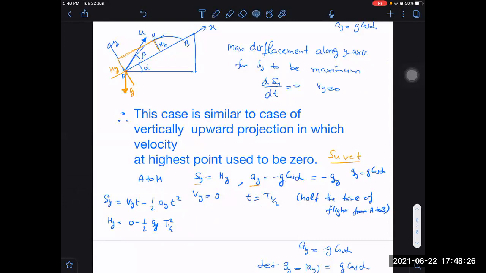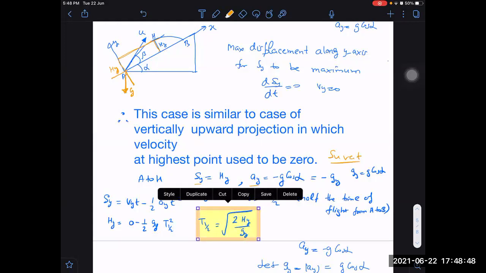He is asking for half time. So I wrote the equation in which we are getting t1 by 2. So t1 by 2 I am getting as under the root of 2 into Hy divided by Gy. Understood now? Yes, sir.